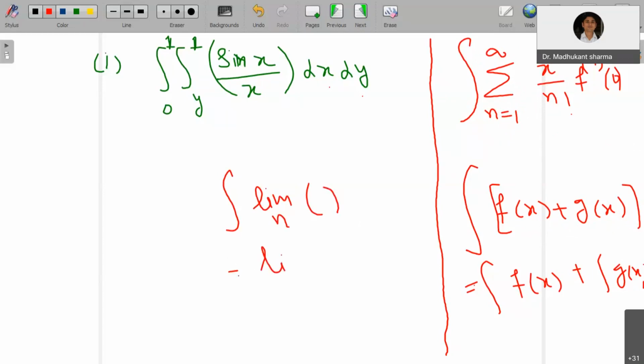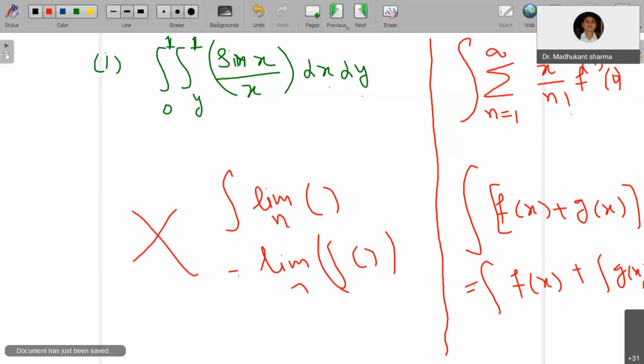Can I write the integral of the limit as the limit of the integrals, first integrating and then applying the limit? The answer is that it is not true in general. You require some conditions, like uniform convergence of the infinite series. Though the sin x Taylor series is a very nice series, it is a part of e to the power ix.